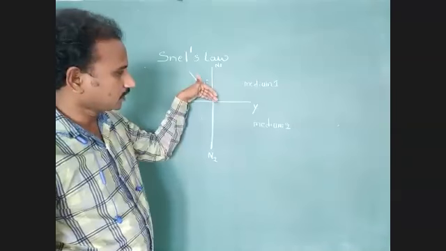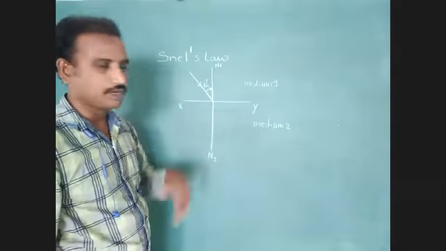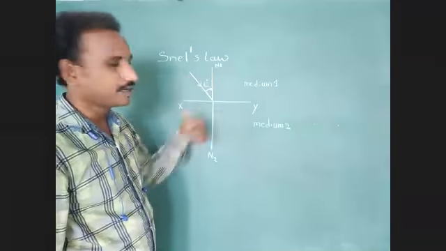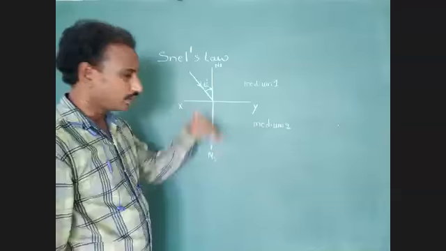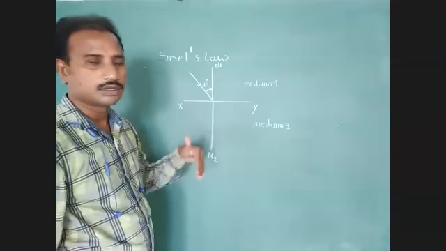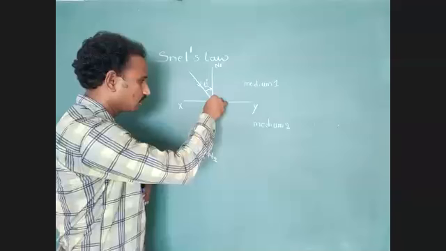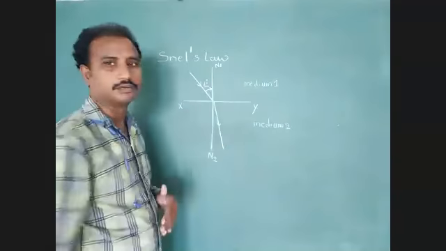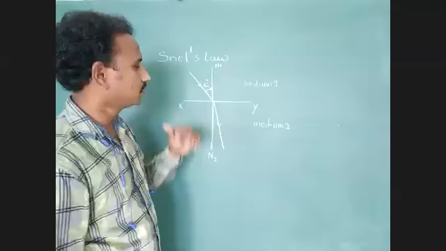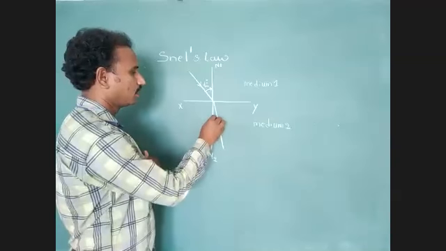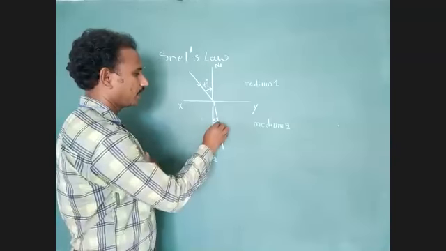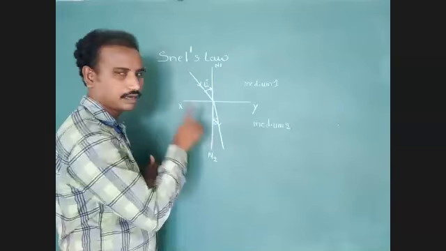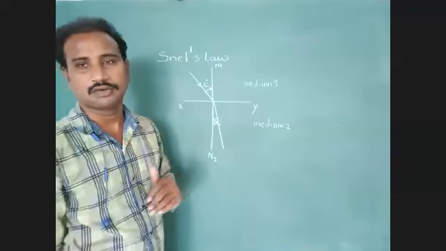The incident ray enters the second medium and its direction changes. In which direction does it move? It moves towards the normal. The angle between the refracted ray and the normal is called the angle of refraction.